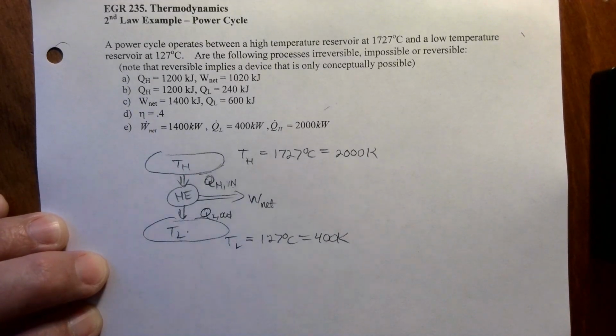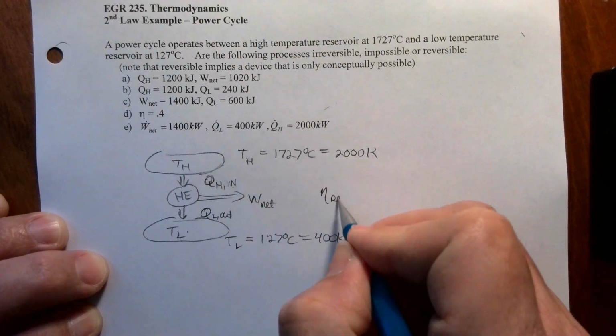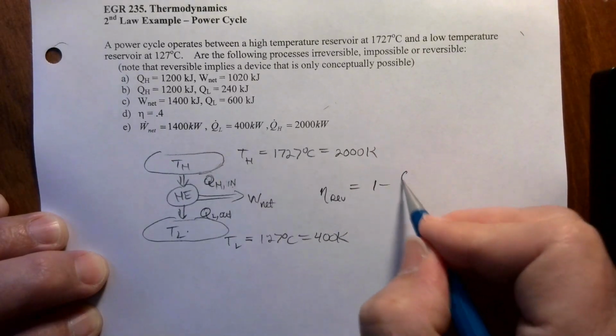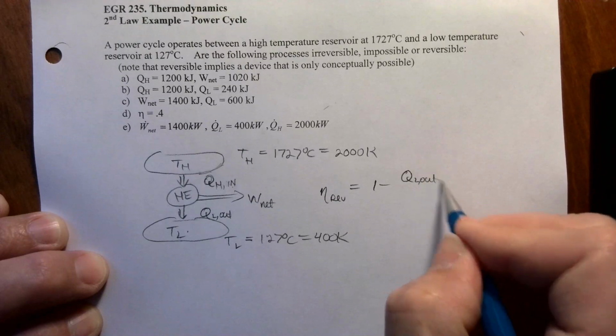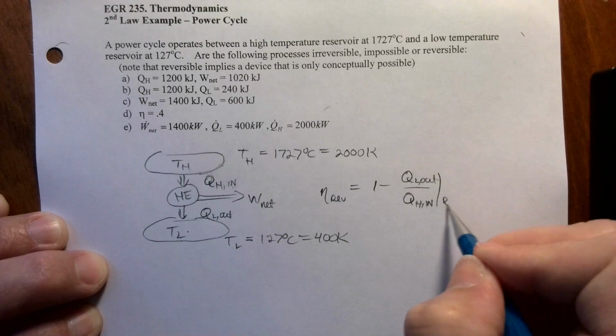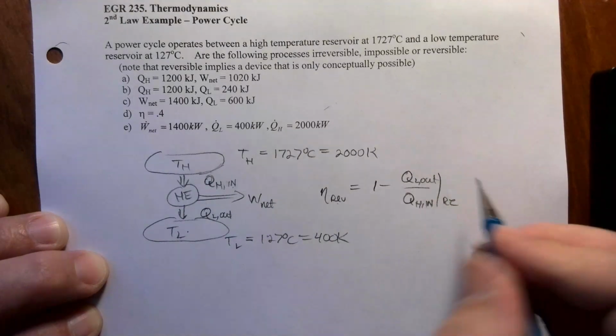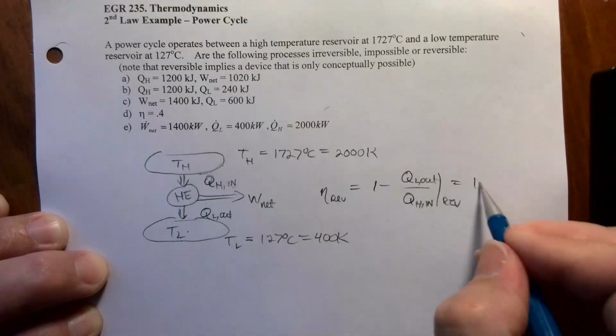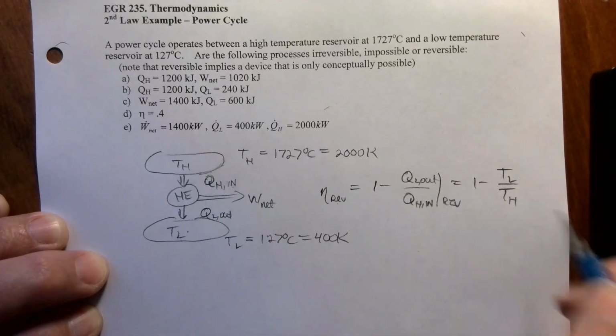And so we can recognize that the reversible efficiency for this heat engine, remember that's 1 minus QL out over QH in, for the reversible case is 1 minus TL over TH.